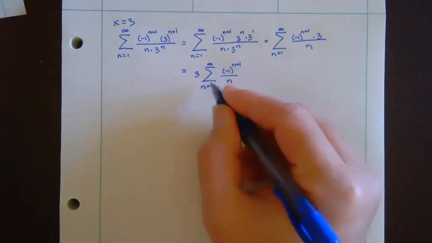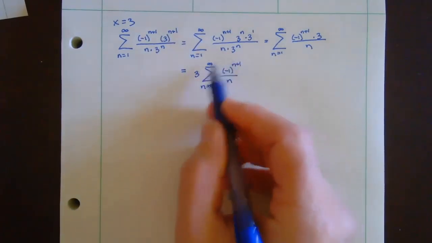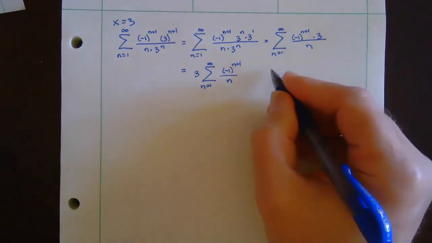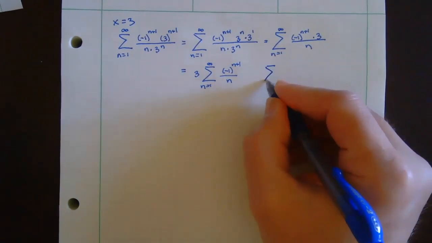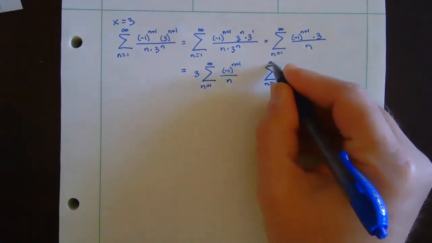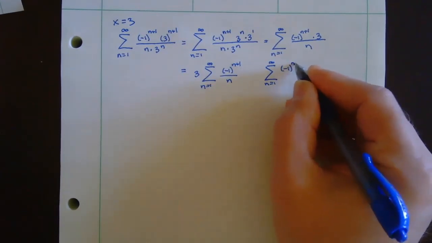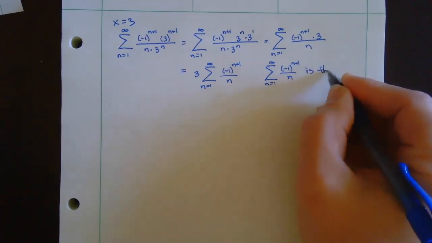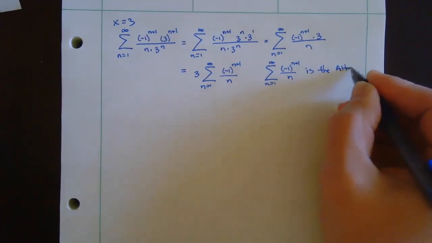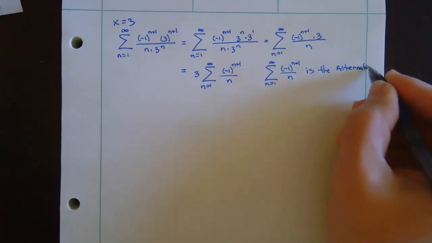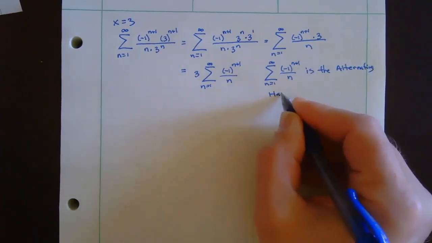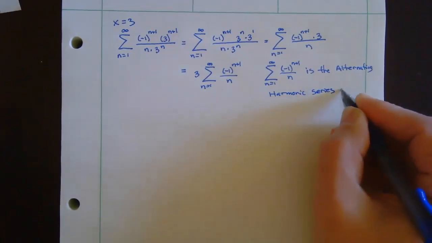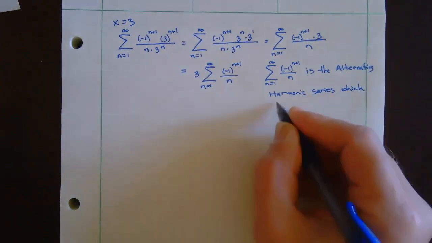And what do we know about this series? Even though we're multiplying by 3, we know this series is the alternating harmonic series, which does converge, right? So then we would need to write: sigma n equals 1 to infinity, negative 1 to the n plus 1 over n is the alternating harmonic series, which converges.